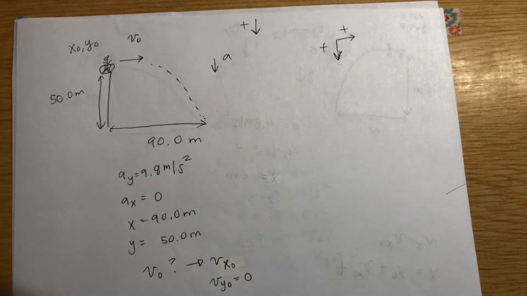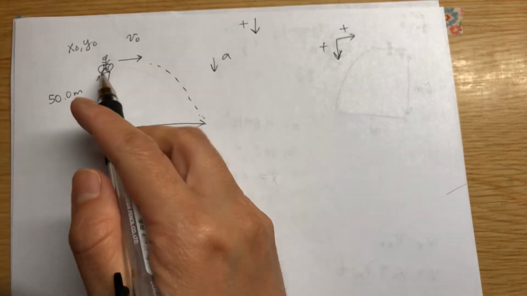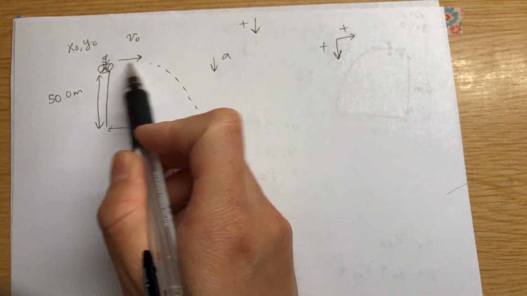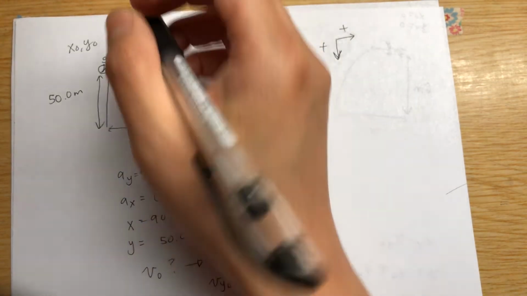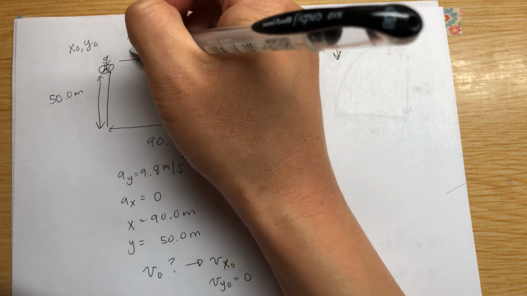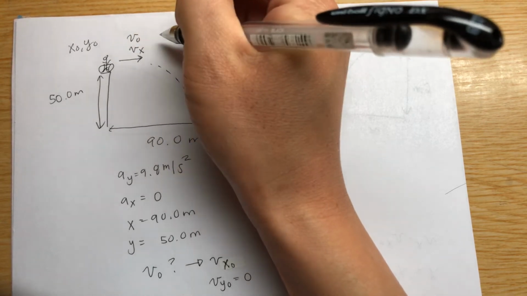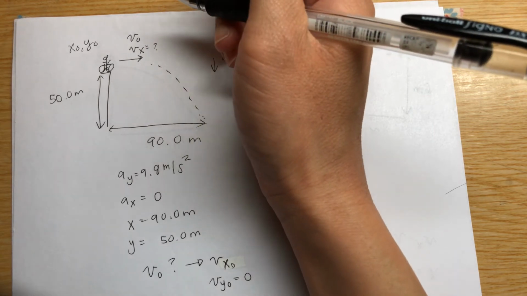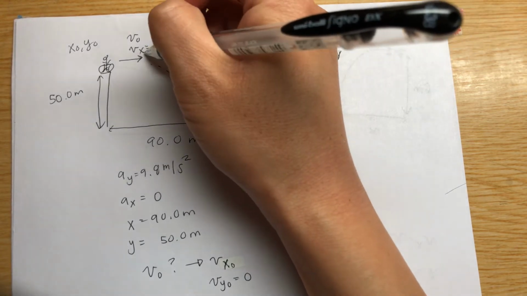Okay, so again, turn to slide 13. You have a motorcycle that speeds horizontally. What does that mean? V naught is a Vx. It's only horizontal, so we want to look for Vx naught.